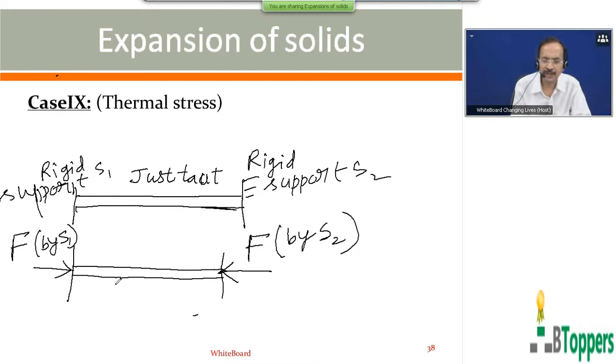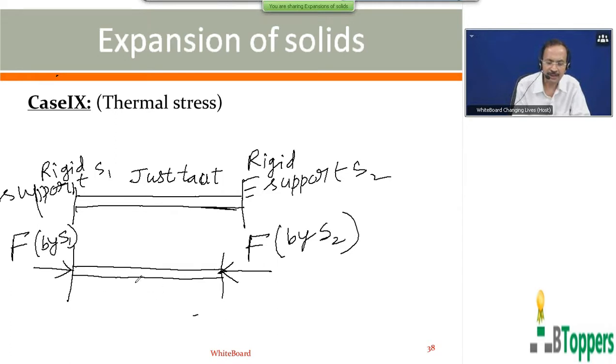Because the rod is in static equilibrium, these 2 forces are equal in magnitude. So tension will be developed in the rod, stress will be developed in the rod due to rise in temperature, which is called as thermal stress. That means to prevent the expansion of the rod when temperature increases, each rigid support exerts a compressive force on the rod along its length.